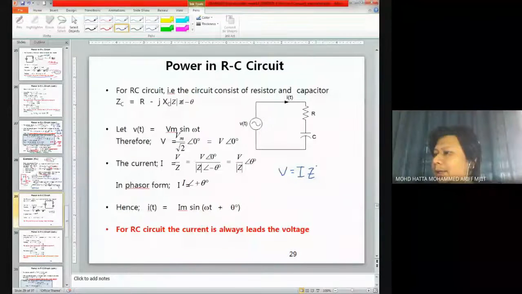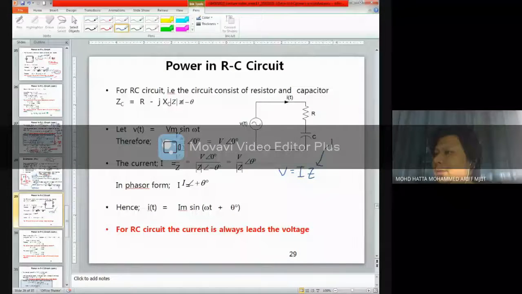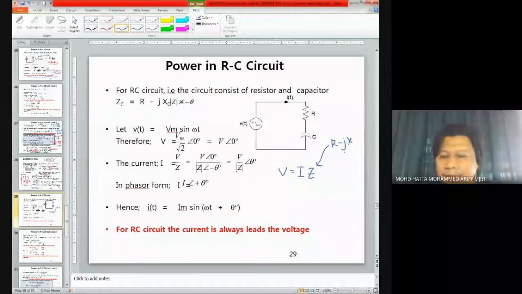However, if you look here, Z is given by the combination of resistor and also minus your reactance value, which is a capacitive reactance value. So here we're going to have R minus jXC.